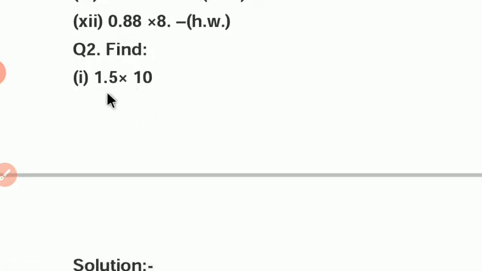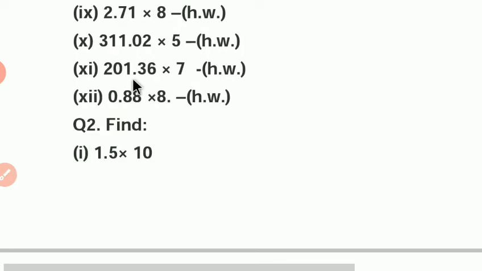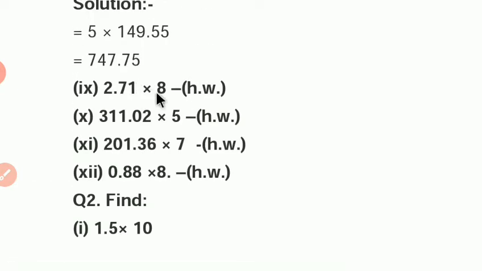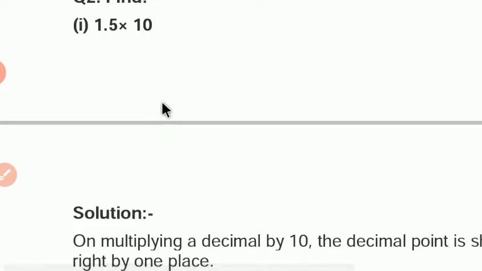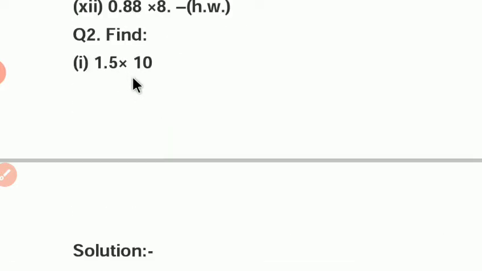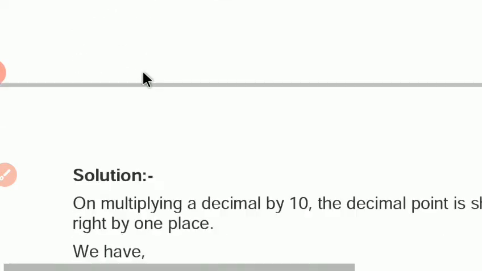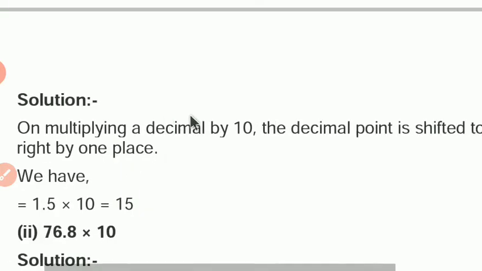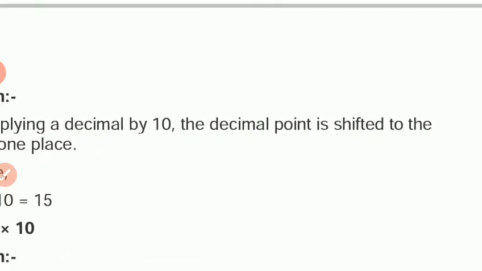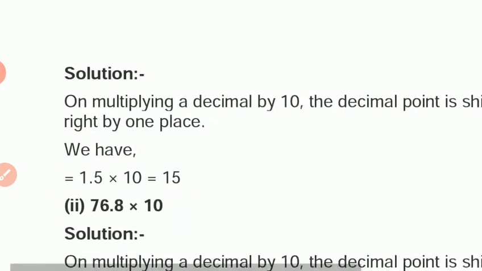Now question number 2, find 1.5 into 10. Here you can see the numbers are given as whole numbers. But now in this question we'll see that we will multiply by 10, 100 or 1000, and we can directly find the answers. 1.5 into 10. On multiplying a decimal by 10, the decimal point is shifted to the right by one place.